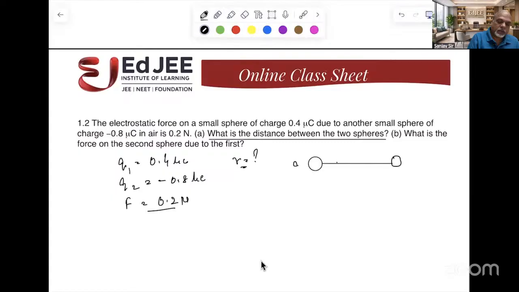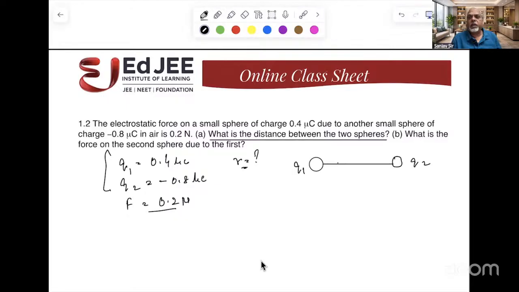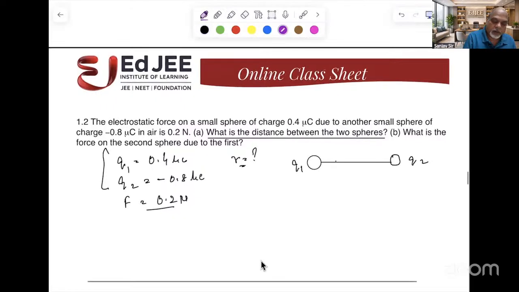Here charges are Q1, Q2. Here you can see opposite charges are there. So our force will be attractive. This is force on 1 due to 2, and this is force on 2 due to 1.